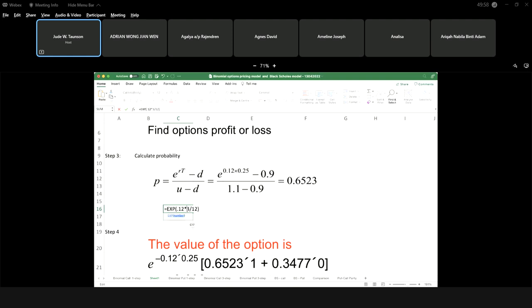Yeah, I can do this if I don't want to use that. Minus 0.9 divided by 1 minus 0.9.